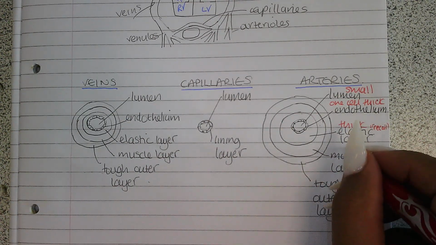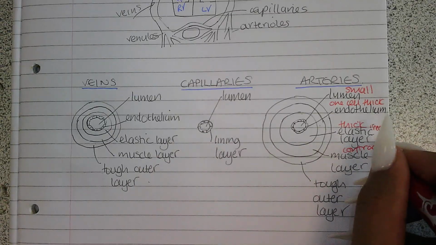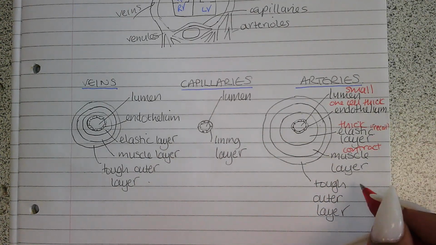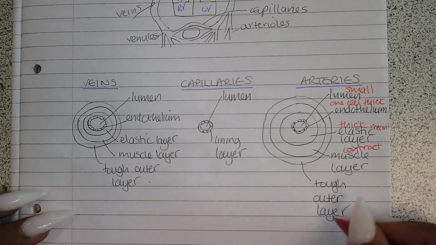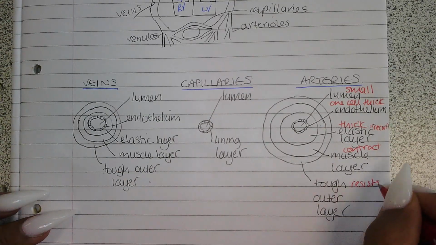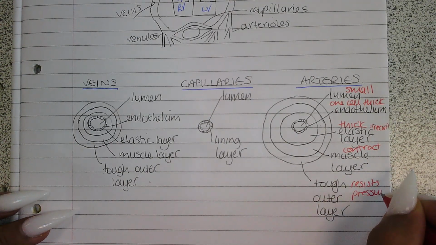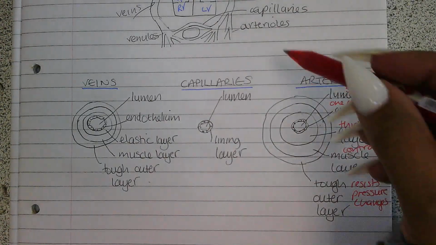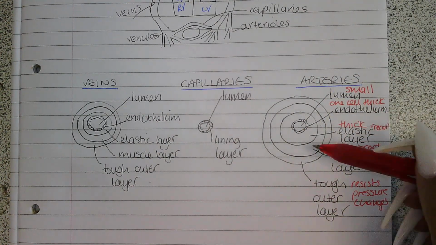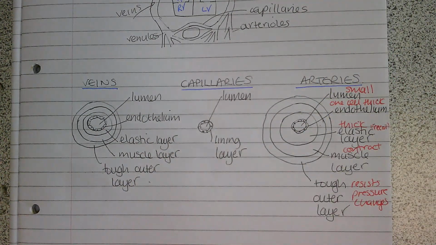The muscle layer, that is the layer that can contract. And the tough outer layer is a layer that resists pressure changes. It's quite a tough layer. So blood will flow from the heart to the arteries through the arterioles, ultimately ending up in the capillaries now.